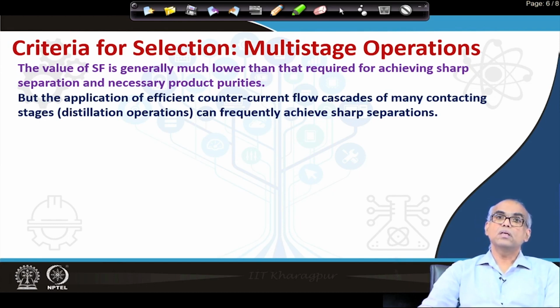Now, let us look at the importance of multi-stage operations. Generally speaking, the value of the separation factor is much lower than that required for achieving very sharp separation and for achieving the specified product purity.